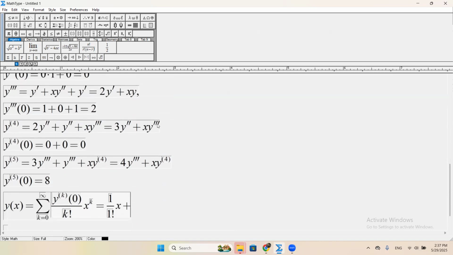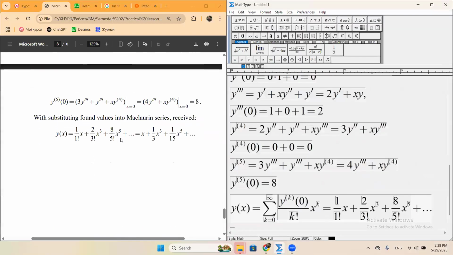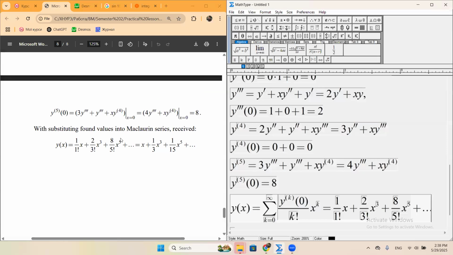And the third derivative equals 2, so 2 over 3 factorial x to the power of 3, plus 8 over 5 factorial x to the power of 5, and so on. So actually, this is the approximate solution of the differential equation.